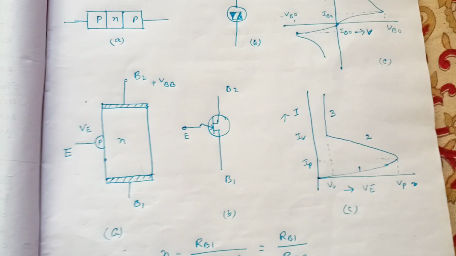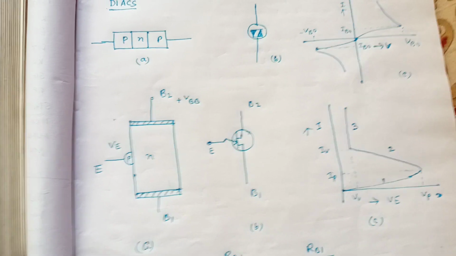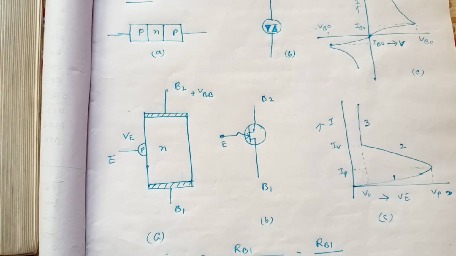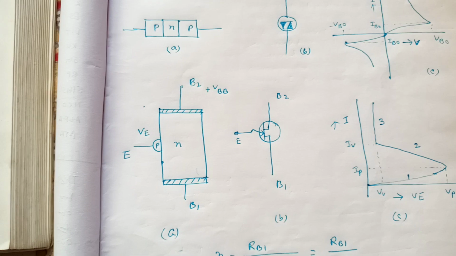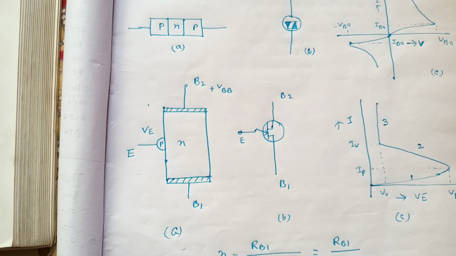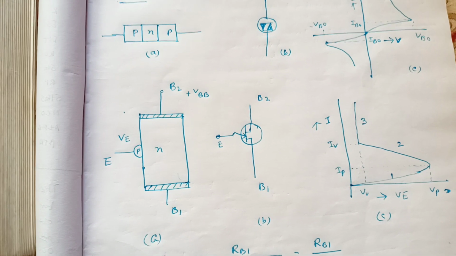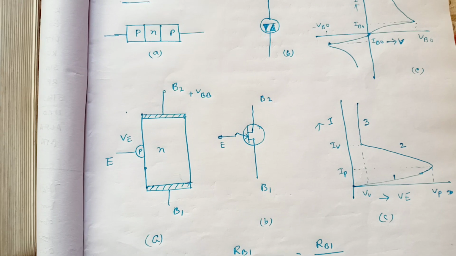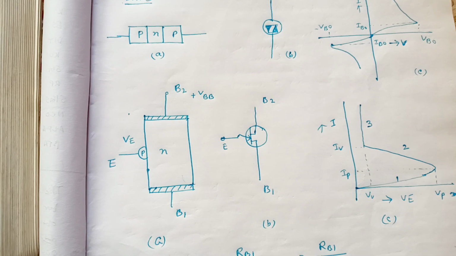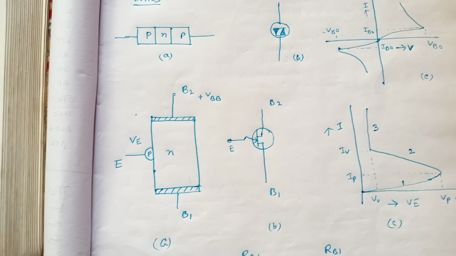Now consider a positive voltage V applied to the emitter E with respect to B1. As long as V is less than Vp, meaning eta VBB, the PN junction is reverse biased so that a small reverse current flows in the emitter circuit.